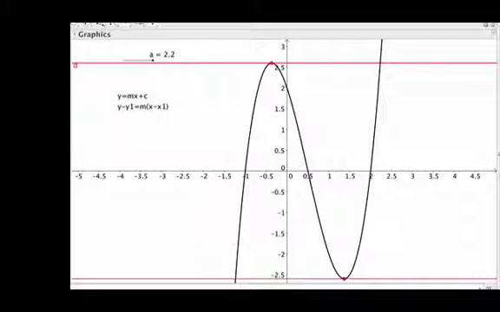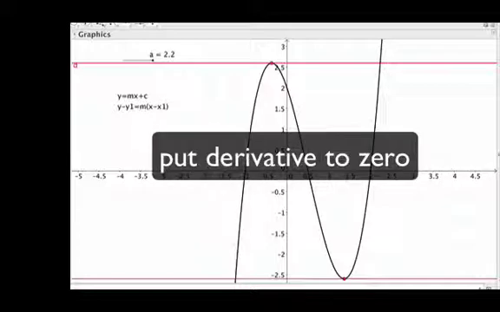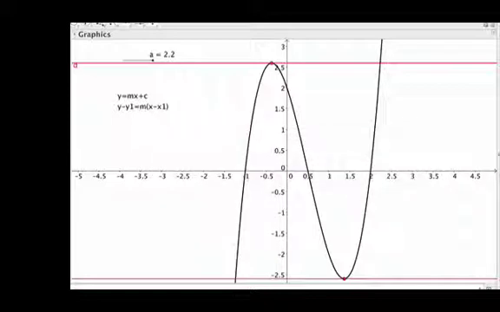Okay, so guess how we're going to find where the gradient is 0. You've got it. We're going to differentiate the function to find its derivative, which means its gradient, and put that to 0. We solve that and we've found the maximum or the minimum. Again, you will do lots of these in class.